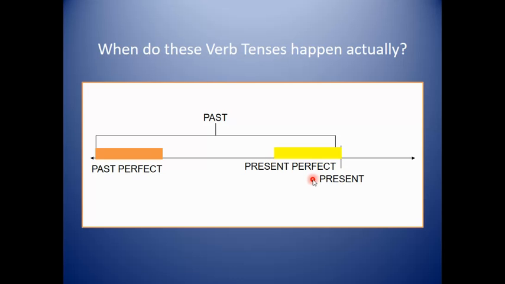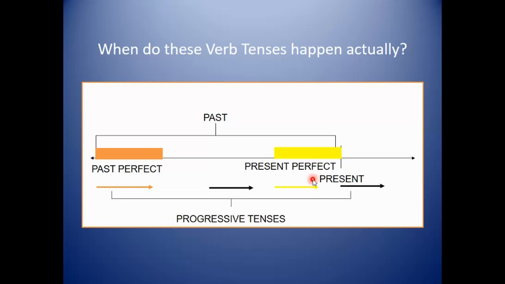On top of that, the other thing I want you to remember are these weird progressive tenses. We don't necessarily use them all the time the right way, but there are particular times where we should use the progressive tense. So if I think about this thing in orange here, this is the past perfect progressive. And all that means is something happened a long time ago, it happened for a period of time, and then it stopped.